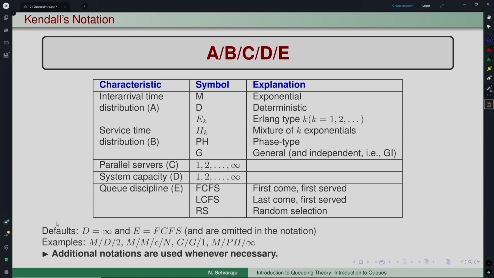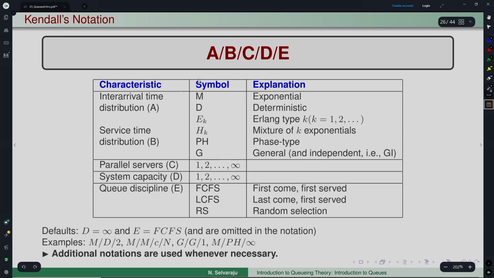More complex systems need to be described in explicit terms, but the notation describes to some extent the general description of the system. This is called Kendall's notation because he is the one who developed it first. We typically describe it through these 5 elements A, B, C, D, E with a slash in between.